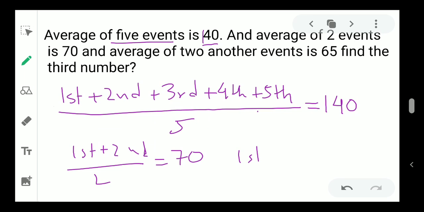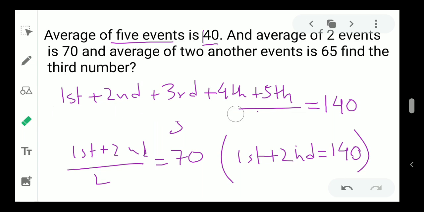Okay, so the average of first one and the average of second one, the total of them will be 70 into 2. Why? Because number of items into the average. Before I go into that, one thing I can also do: the average of all the 5 events is given.